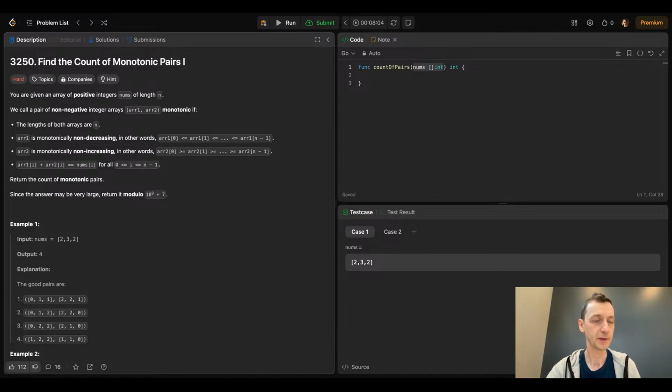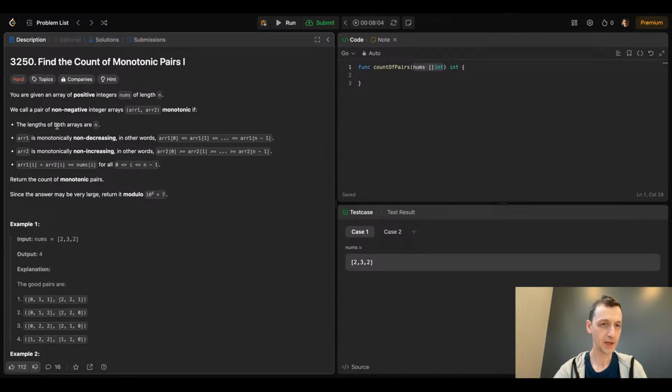Okay, there are several conditions, like 4 conditions. First condition, the lengths of both arrays are n. Oh, wait a second. So we're talking about pairs of arrays, not pairs of numbers. Non-negative integer arrays, 2 arrays, monotonic.